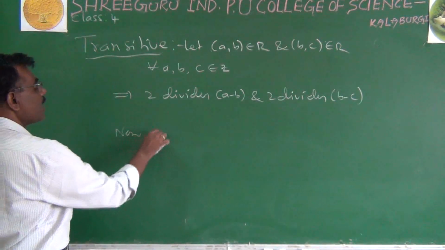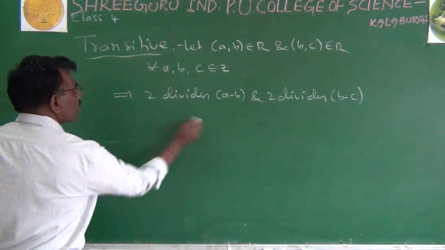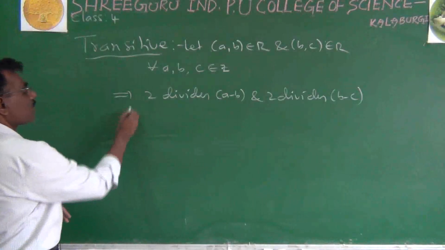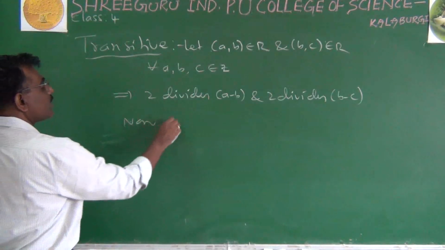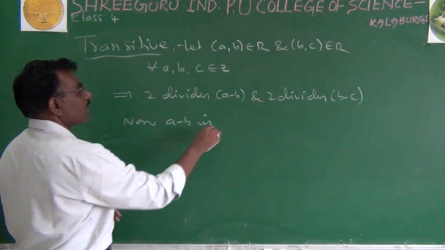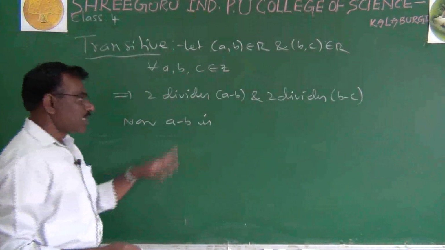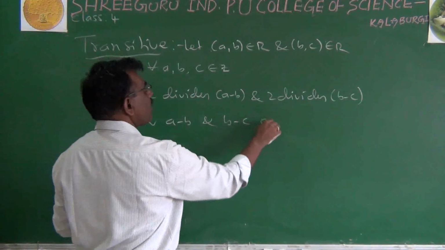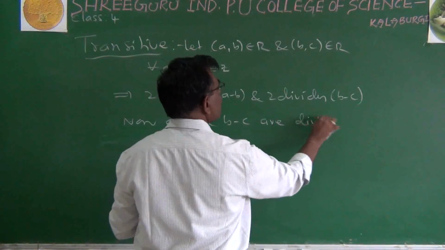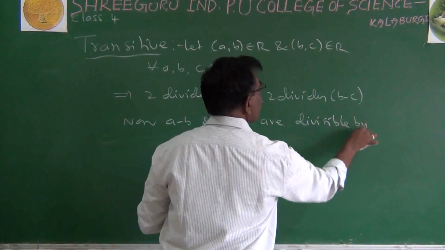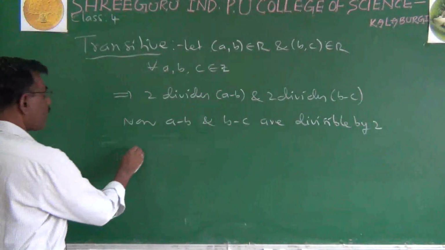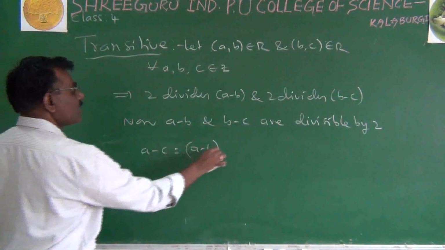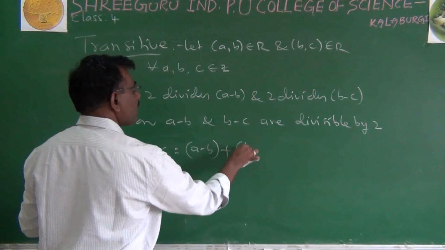Now 2 divides a minus b and 2 divides b minus c. So a minus b and b minus c are divisible by 2. Now a minus c equals a minus b plus b minus c.